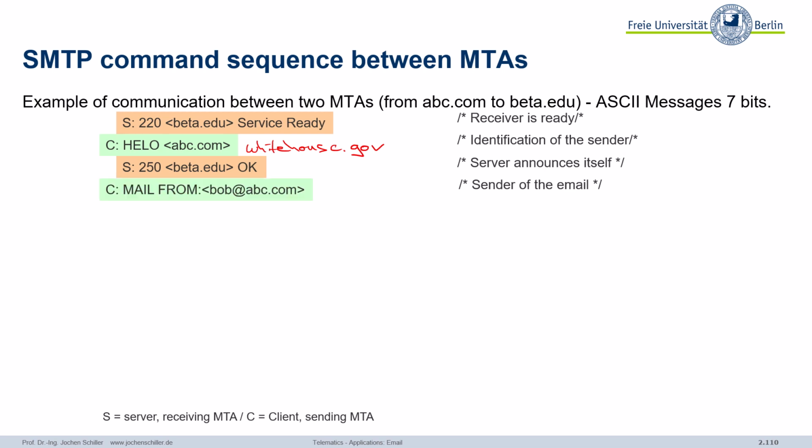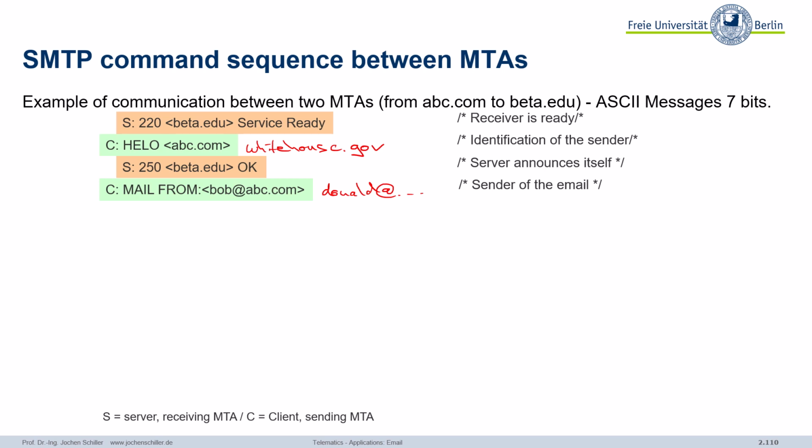Then you write, I'm Bob from abc.com. You could also write here, I'm Donald at whitehouse.gov. Or you can say I'm Olaf Scholz at the Bundesregierung, or whatever you like.